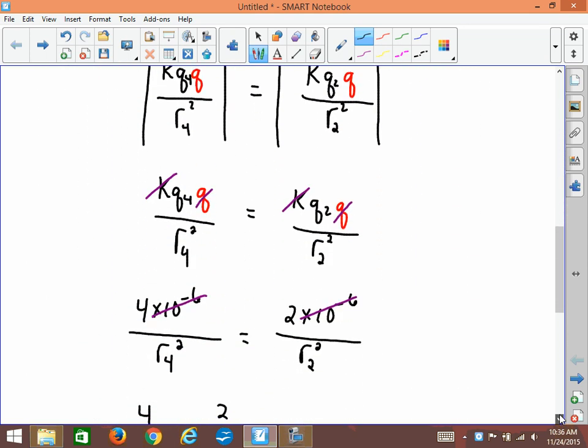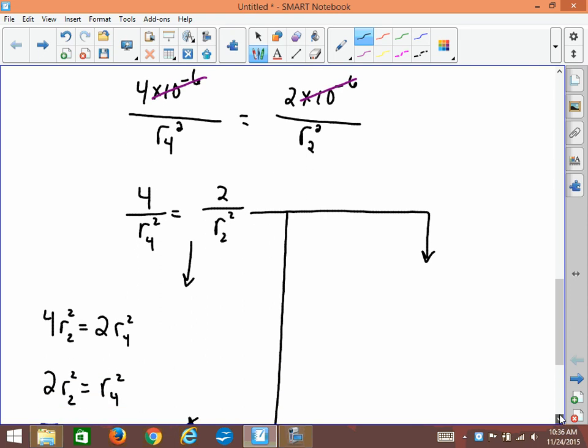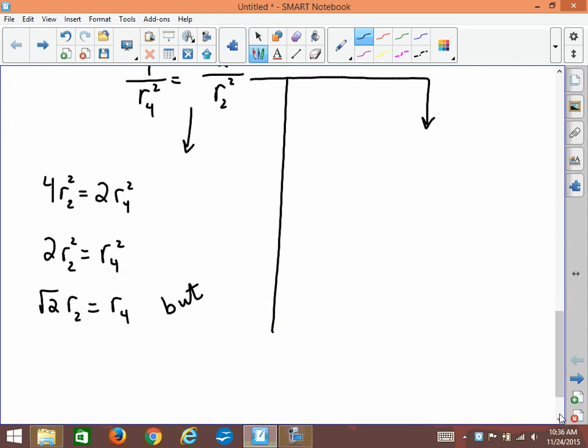So let's go back down to where we were, and we'll remember that R2 plus R4 is the total distance, 0.5, which means I can say that R4 is equal to 0.5 take away R2. And I can substitute that into where the R4 is.